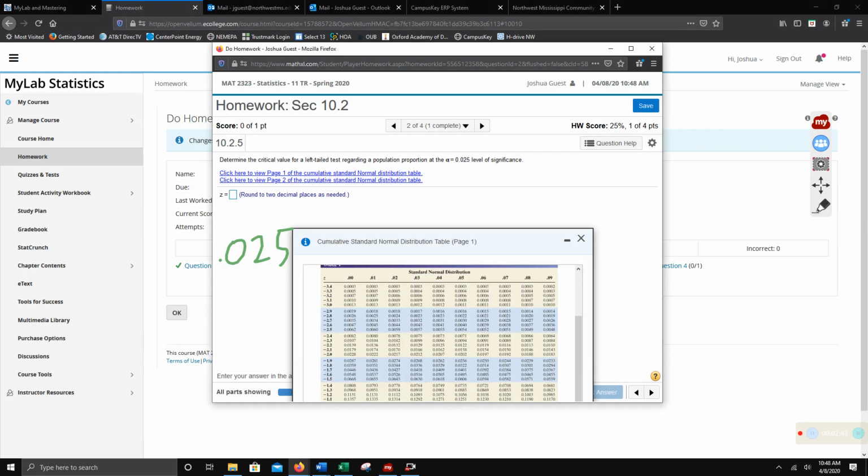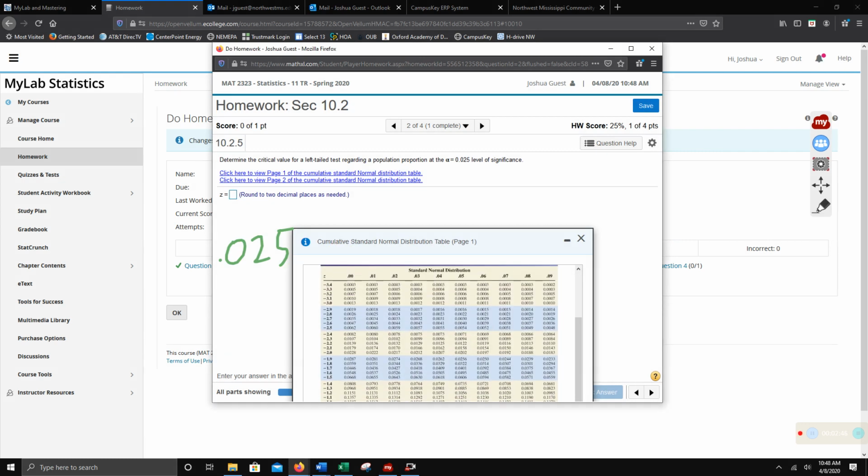All right. So let's scroll down here and look for 0.025. And I see it exactly. If we look across here, 0.025, if we look at the second set of blue stuff right in there, so that's on that top row there. It is exactly at negative 1.9, and if we follow it up here, it's 6, and over here to negative 1.9.